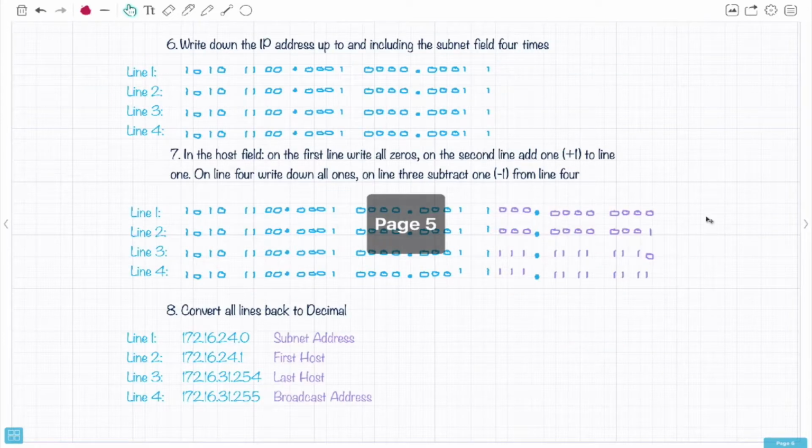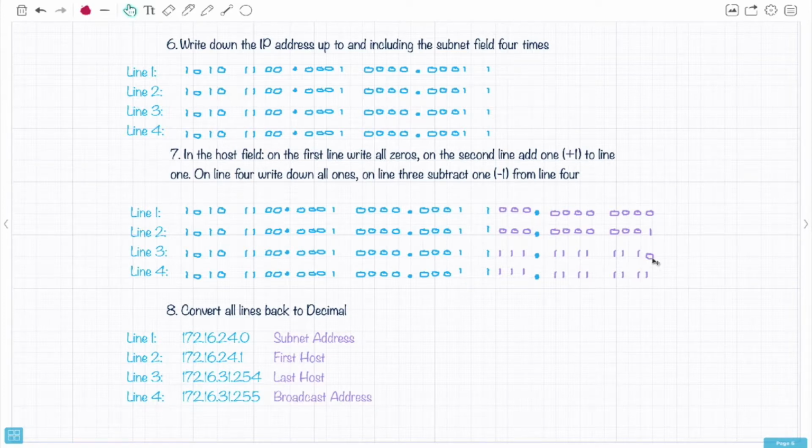As before, write down the IP address up to and including the end of the subnet field 4 times. Write all zeros in the host field. Add 1 to it. Jump down to line 4. Write all 1s in the host field. Subtract 1 from it.